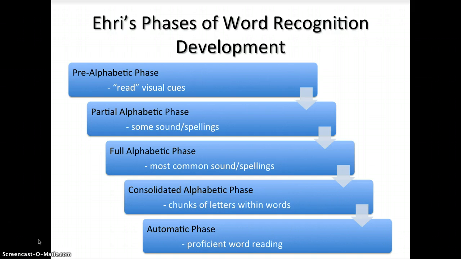So for example, think about the word bed. We know that word is B-E-D, and we know that each of those letters represents a sound that when put together makes the word bed. A child who doesn't completely have that alphabetic principle understanding yet might recognize the word just by its visual cues.